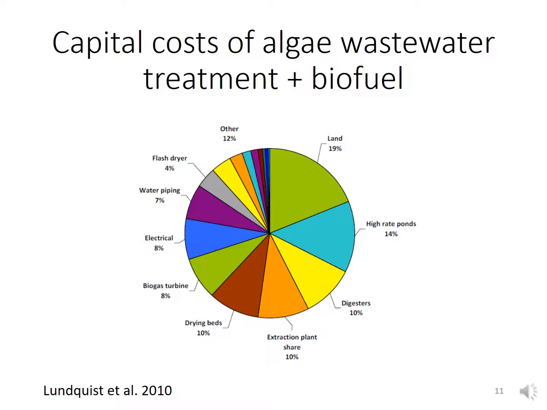So you can see just the facilities to grow the algae contribute almost a quarter of the cost of the facility, and that doesn't even include any of the other conversion and electrical and other high technical parts of the facility. If we had a photobioreactor, we would need less land, but the costs for growing the algae would be significantly greater than what we have in these studies.